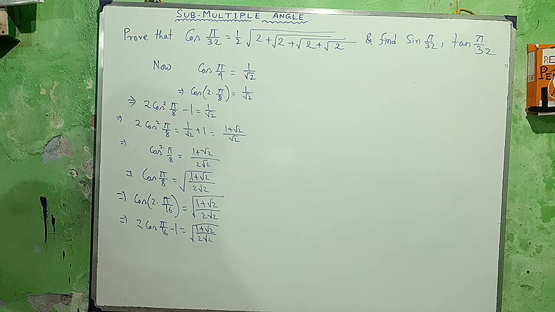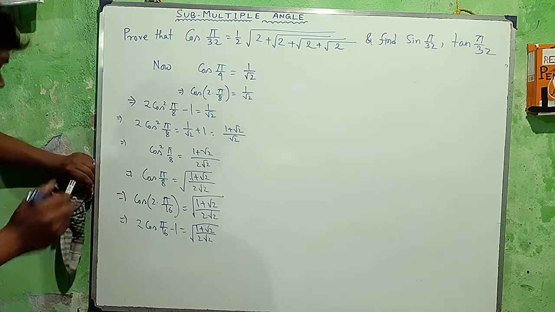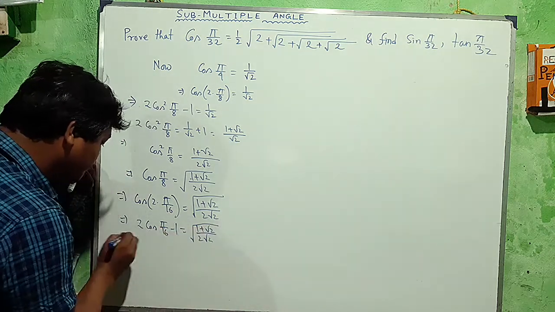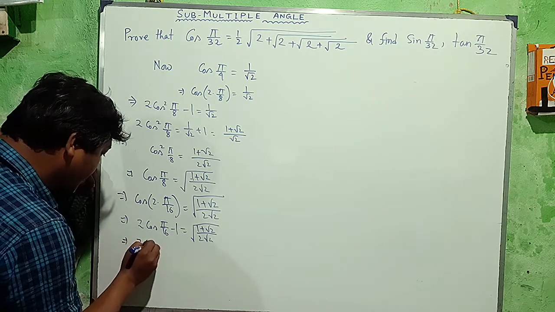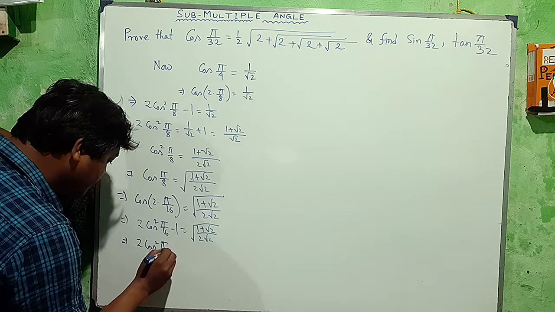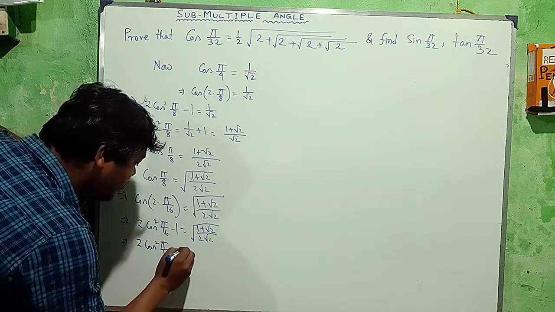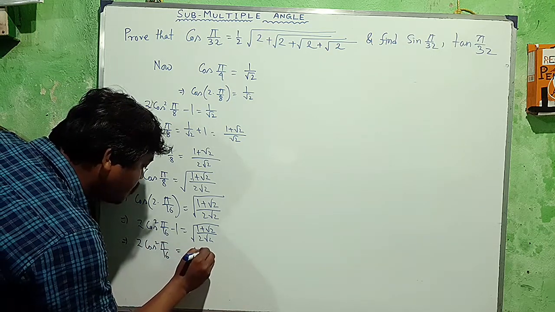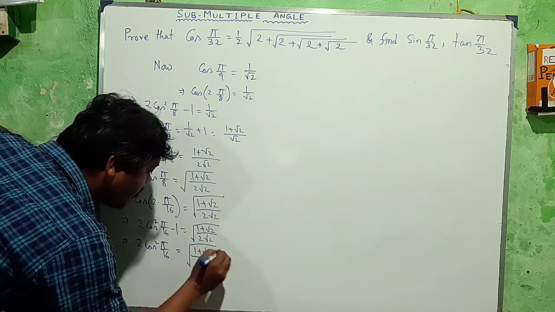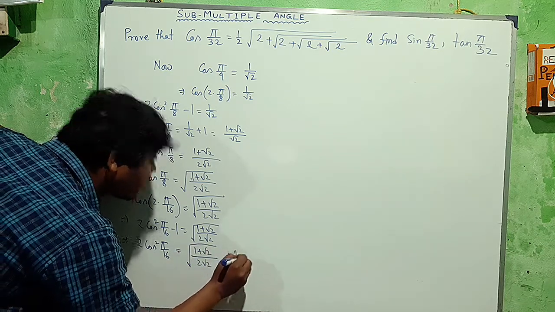Clear? Here, after some calculation, 2 cos square pi by 16 equals square root of 1 plus root 2 by 2 root 2, plus 1.